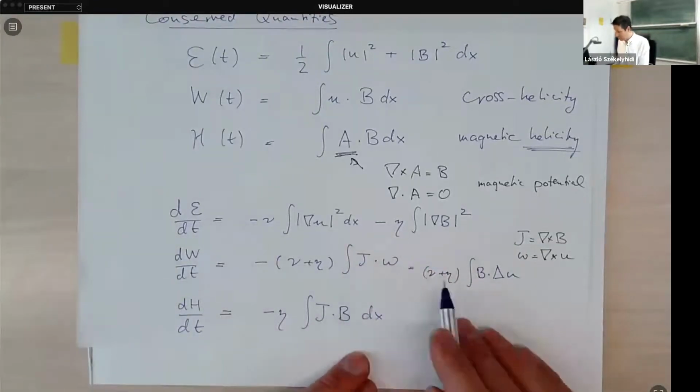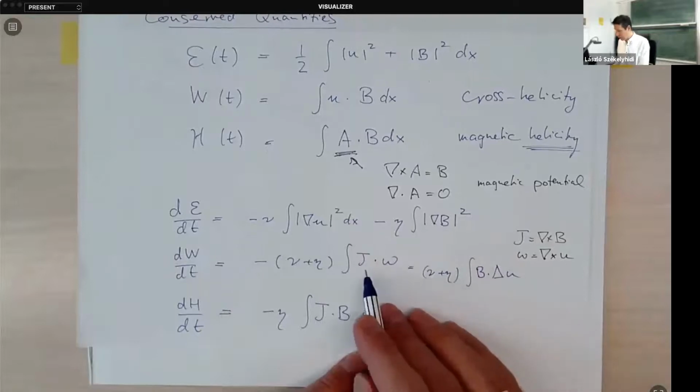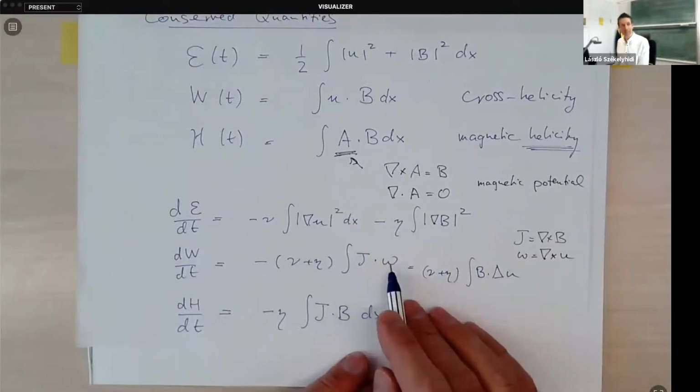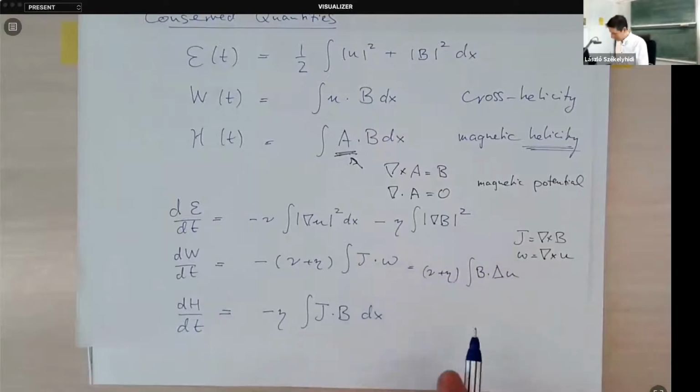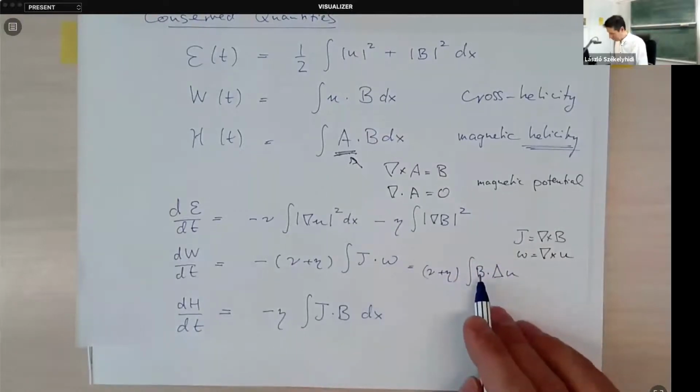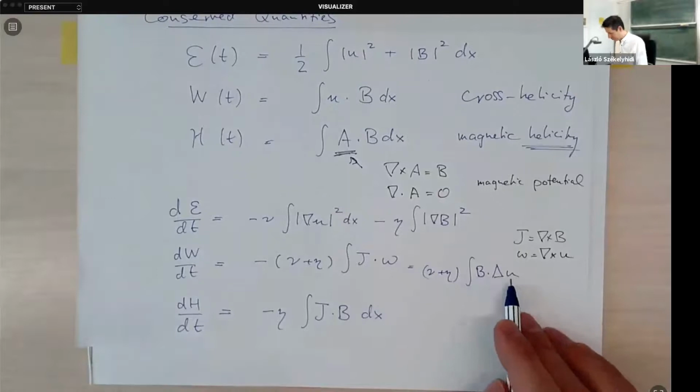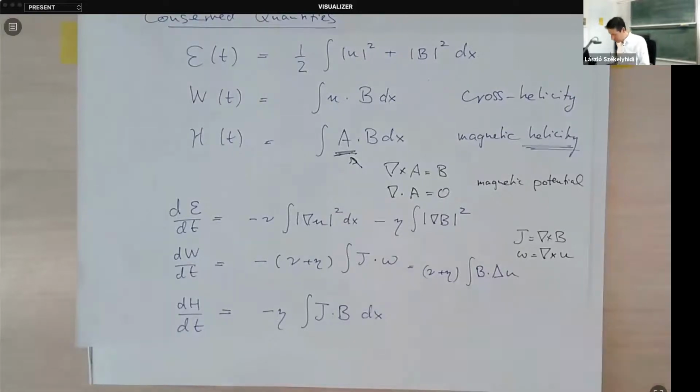which have one derivative on each of u and b. So it's L2 based with one derivative, or you can put, of course, two derivatives on one of them. However, the helicity is again an L2 type quantity, a product of two things, but basically just one derivative, right?